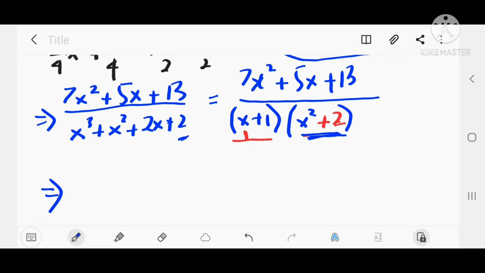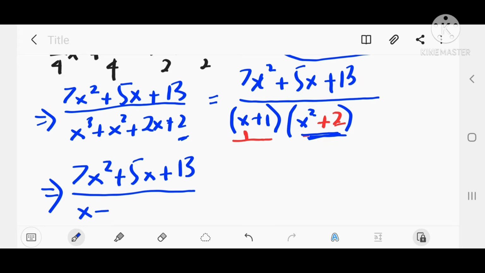So we have 7x squared plus 5x plus 13 on x plus 1 times x squared plus 2.